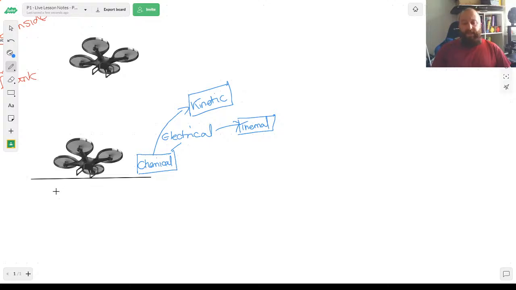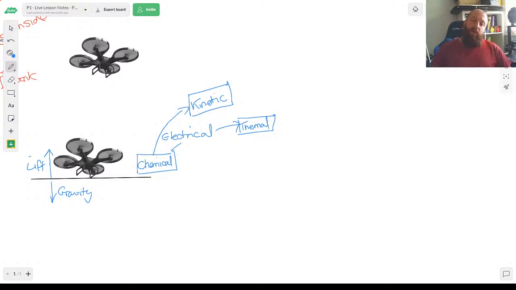So we've got this kinetic energy, and actually, if I increase the kinetic energy, and a slight link here to one of the later physics topics, those blades are going to be pushing air downwards. So that's going to create lift. So if the lift is actually greater than gravity, and I've deliberately done these arrows different sizes, then my drone is going to go up.